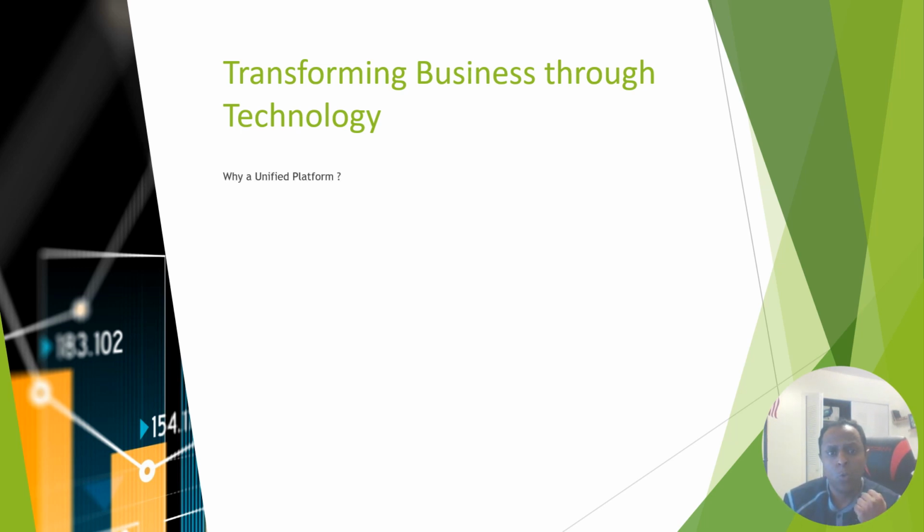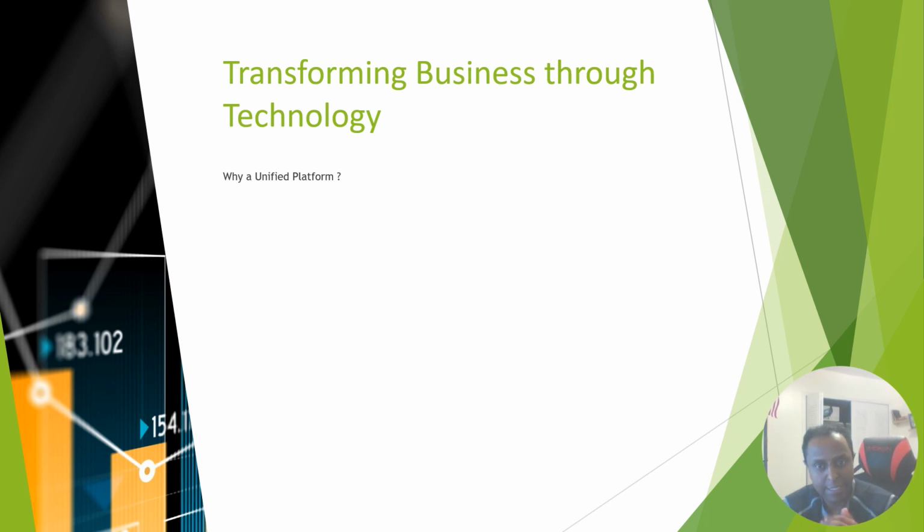So what is a unified platform? A unified platform for customer engagement is an integrated software solution that consolidates various tools and channels for interacting with customers in a single interface. So just one interface.